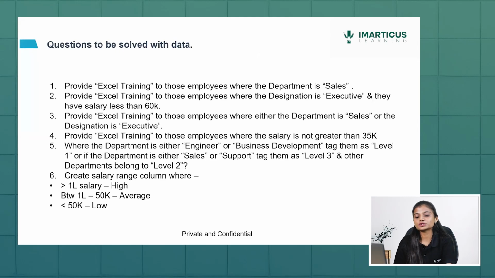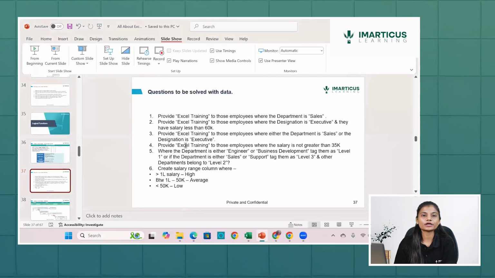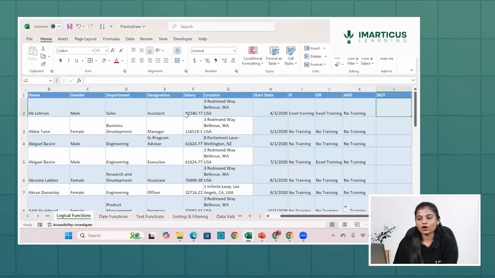So how would this question be solved with respect to NOT, and how do we implement it? Obviously not all employees are going to have salaries less than 35K. Some of them would have salaries greater than 35K, and so on. I don't want to give training to all of them, only to a limited set of people.